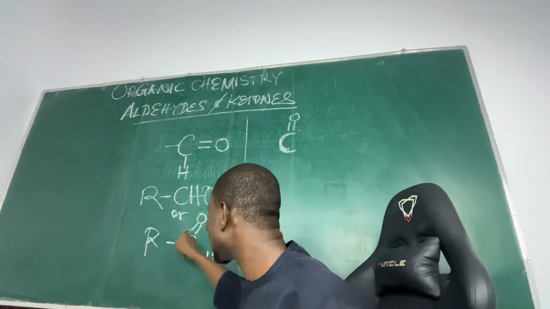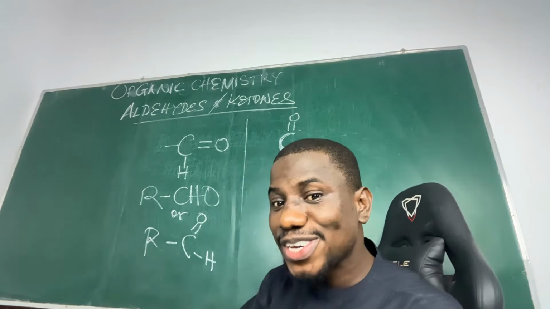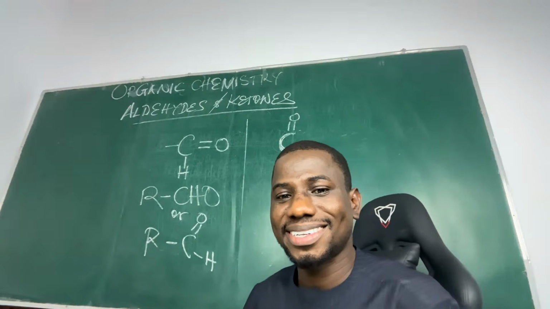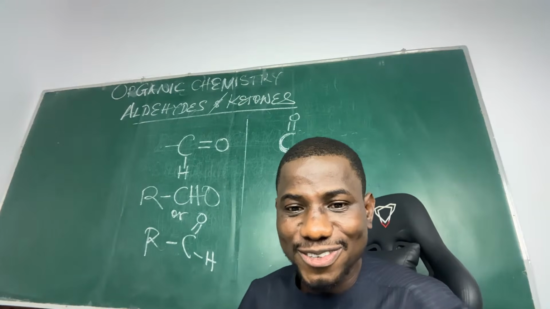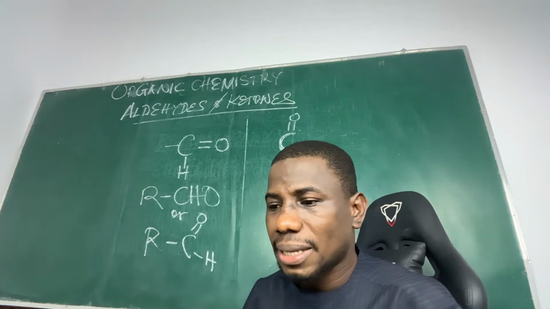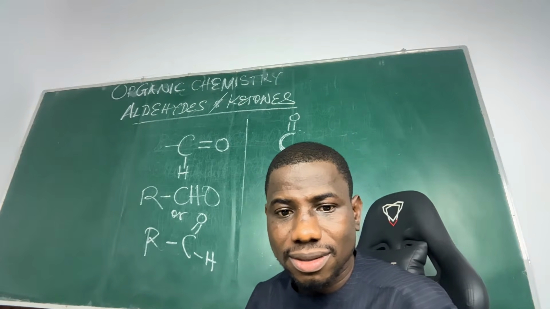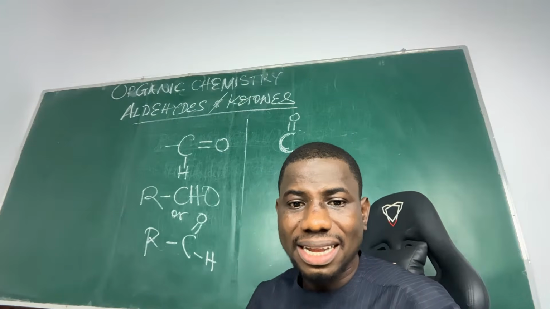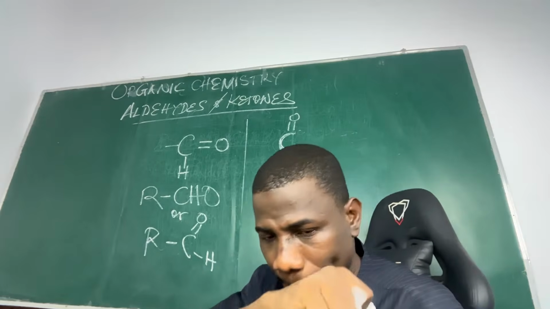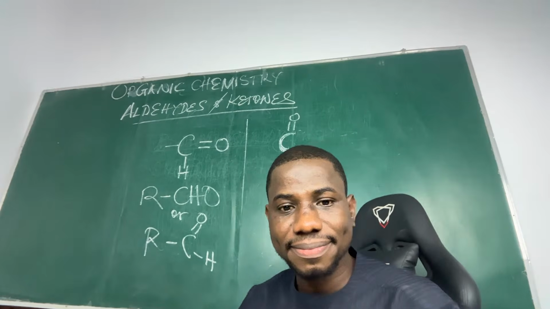This is the carbonyl group. The carbon in the carbonyl group is called the carbonyl carbon. Does that make sense to you? In an aldehyde, the carbonyl carbon is always at the end of the carbon chain, please.